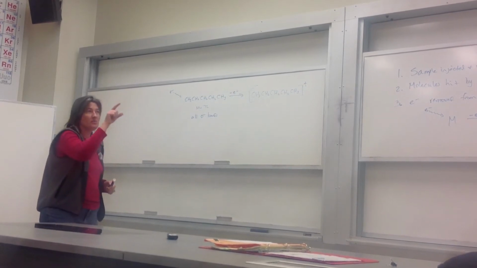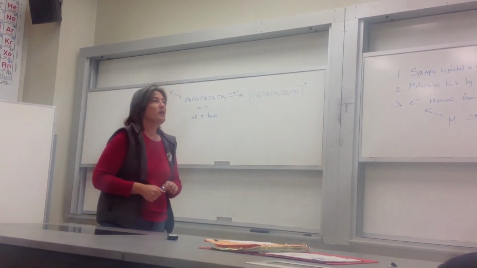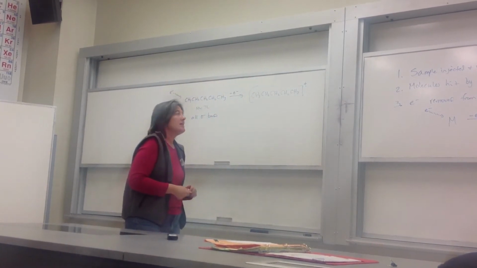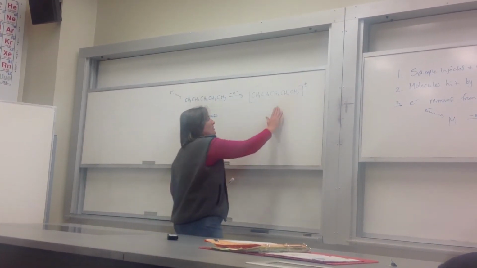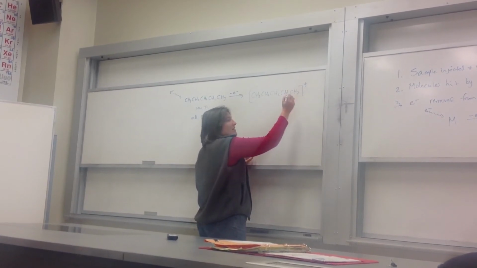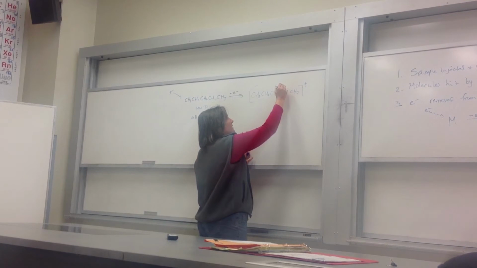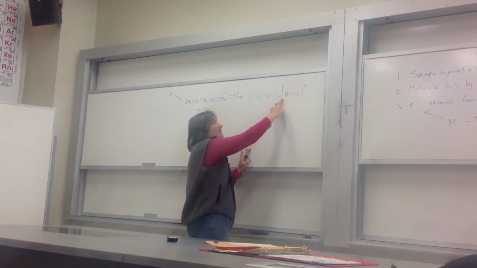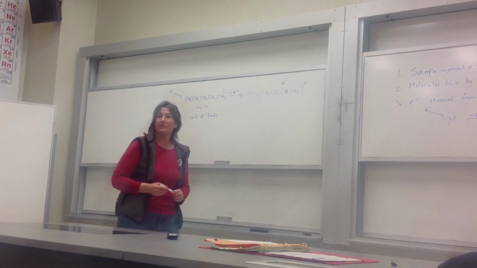What they did in this particular example here, for the purposes of showing a mechanism, is they said, okay, we are going to have it come from that carbon, and it's going to come from the CH bond.